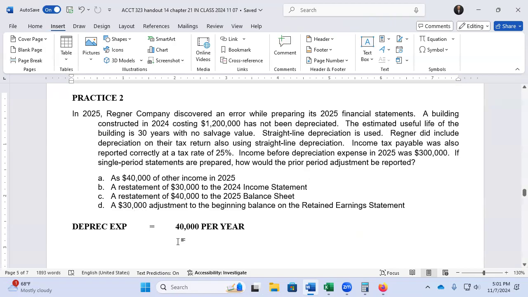So your depreciation expense is 40,000 per year. 40,000 times 1 minus the tax rate of 0.25 equals 30,000. And so we would have a $30,000 adjustment to the beginning balance in retained earnings.